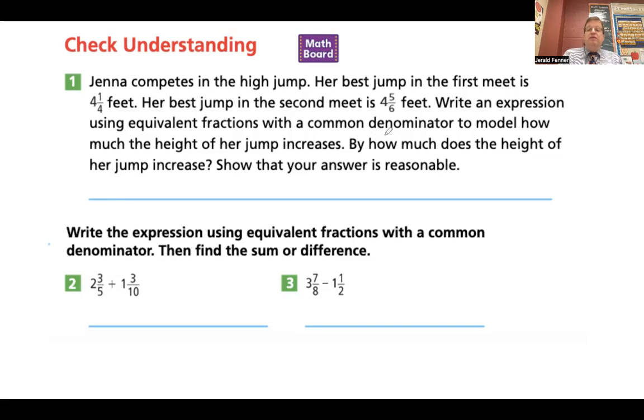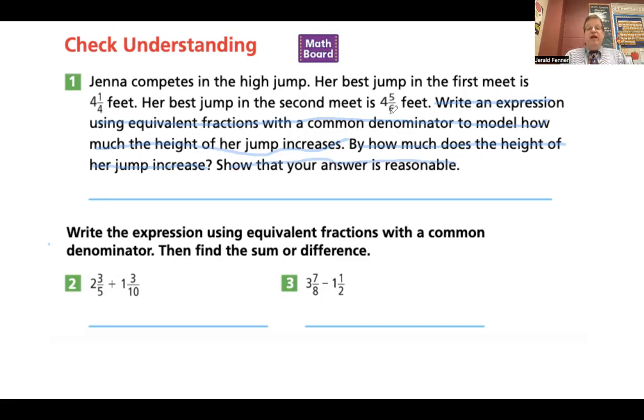So we need to highlight what we need to do: write an expression using equivalent fractions with a common denominator, find by how much the height of her jump increased, and then show that your answer is reasonable. So we have to do all three of those things.